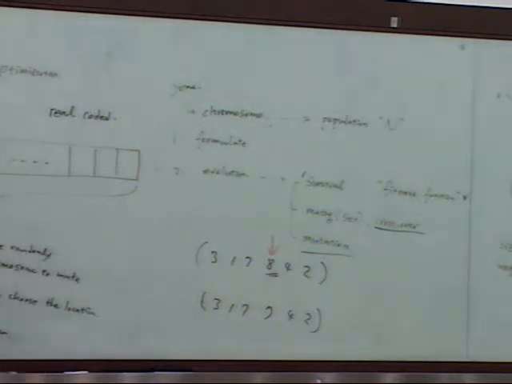So the most straightforward approach is, if you have n number of population, you run this fitness test for each chromosome, and you can sort the chromosomes.